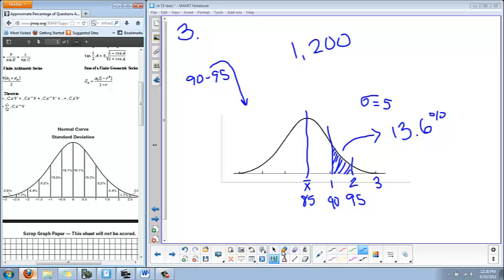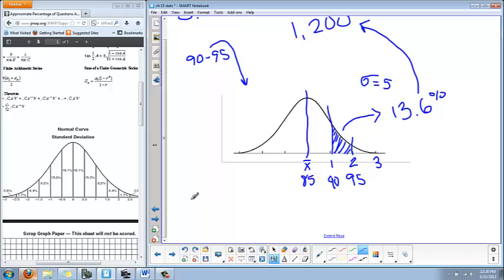So if I have this percentage and I need to actually find out how many students actually scored, I need to find out what 13.6% of the total number of students that I have is. So what is 13.6% of 1,200? Well, how do I figure that out?